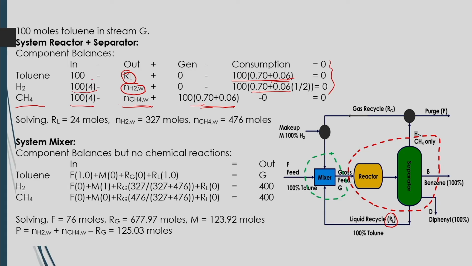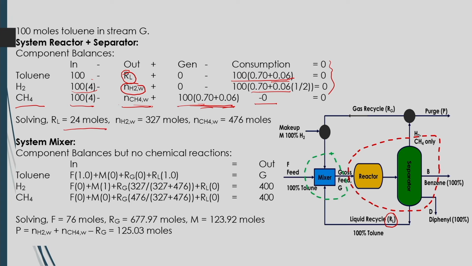So, 1 mole of hydrogen is required to give you that 6% diphenyl, and accordingly you can work out how many moles of methane are generated. And in this case methane is not consumed, because it does not participate in the reaction; it only comes out as a product.